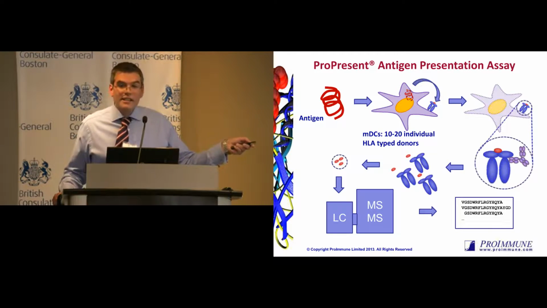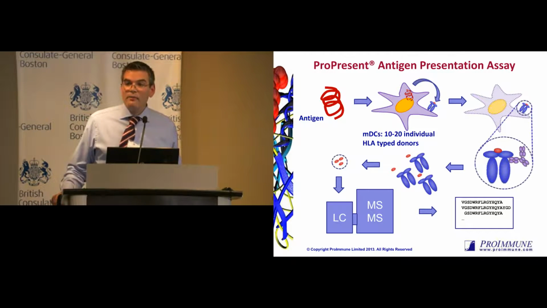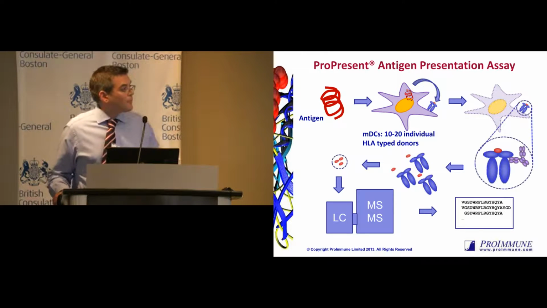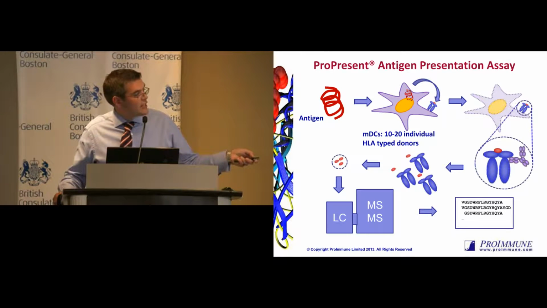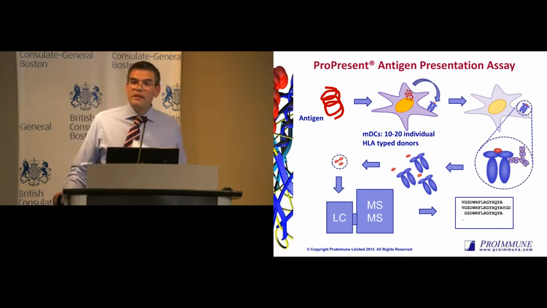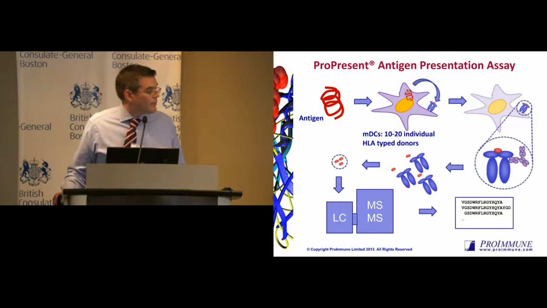We then carry out a lysis step and an immunoprecipitation to pull down, for example, HLA-DR. So we can look at DR, we can look at DP, we can look at DQ individually. Following the immunoprecipitation step, we then recover the peptides, and these are then sequenced through tandem mass spectrometry to identify the individual peptides that are presented.